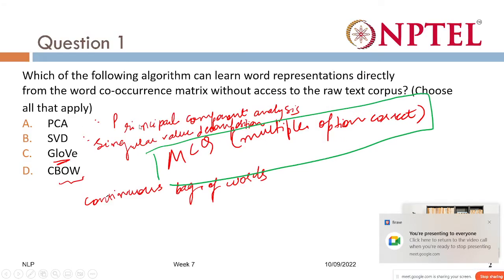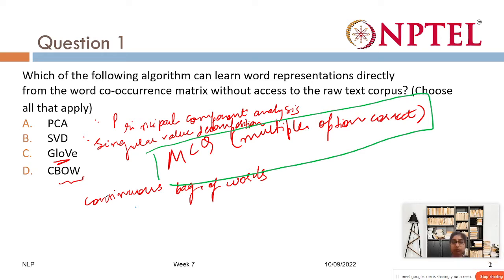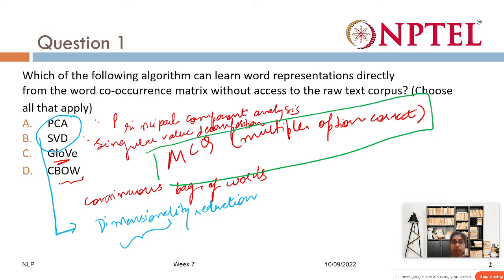So these two, PCA and SVD, are dimensionality reduction techniques. What do we mean by dimensionality reduction? Let's say the data was originally present in 500k dimensions, and you want to reduce it to just a 100 or 300 dimension vector.